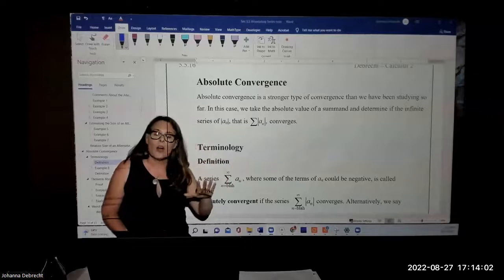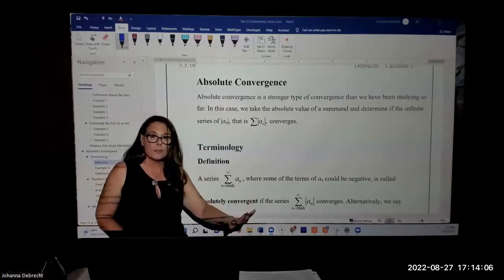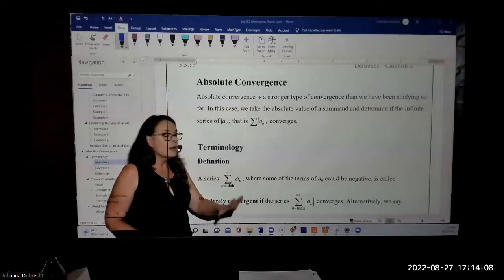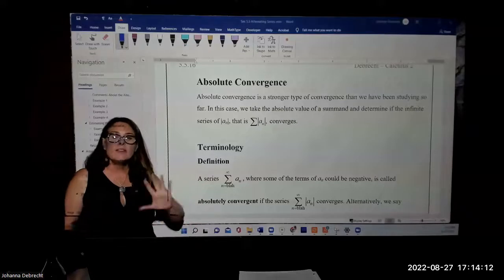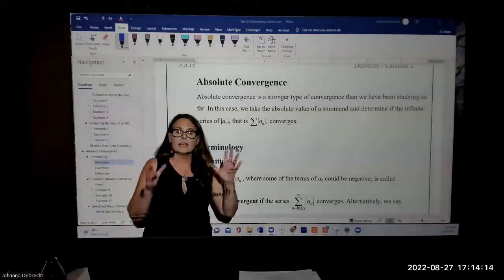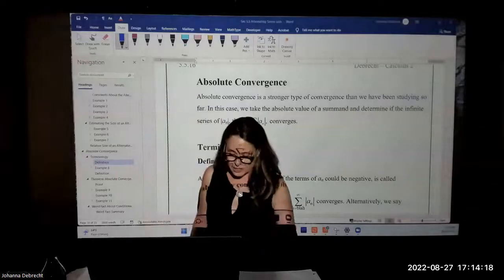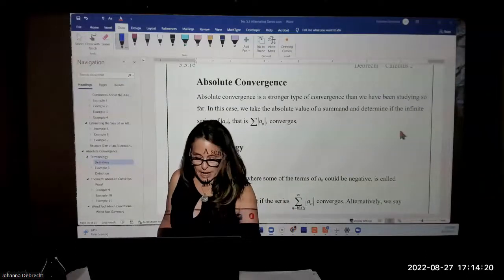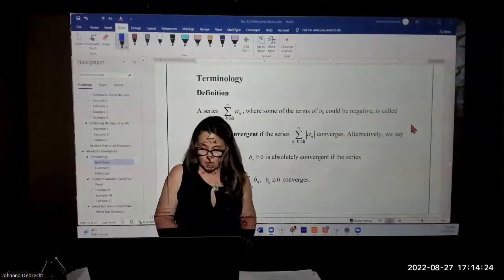Now, we know with the alternating harmonic series that wouldn't work because the harmonic series diverges. But there are some series for which this does work. Even if it's alternating, taking the absolute value still gives you a series that converges. And when that happens, we call that series absolutely convergent.